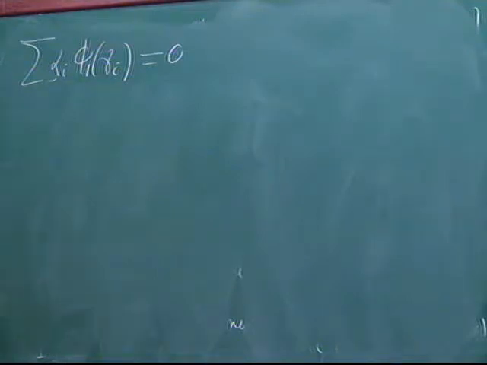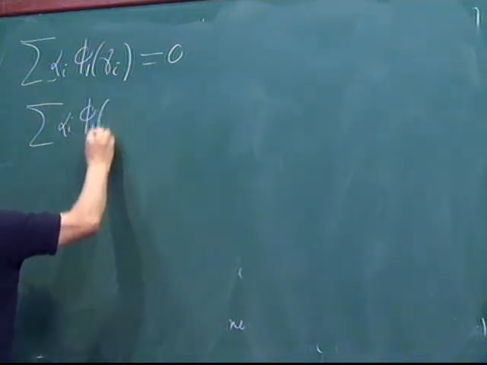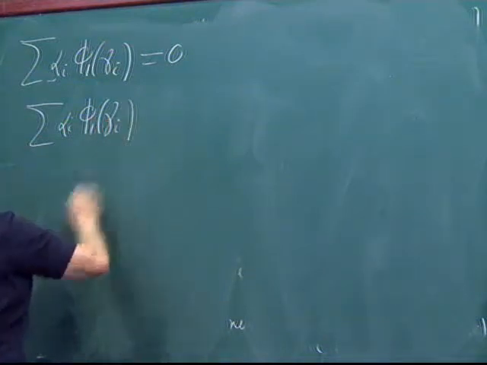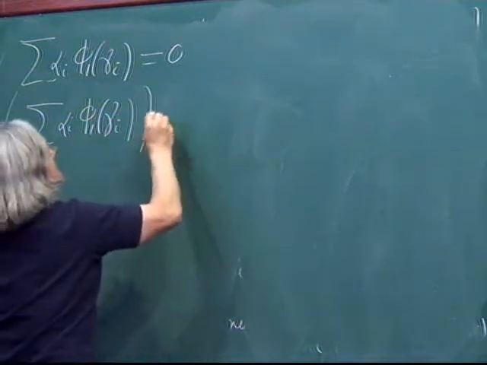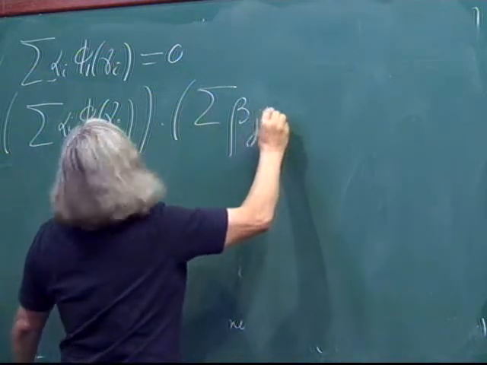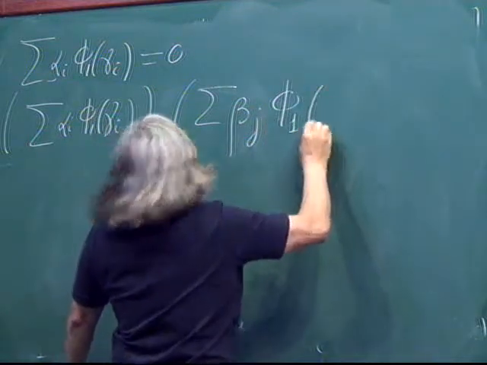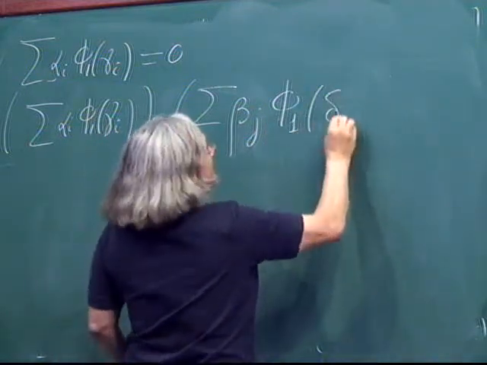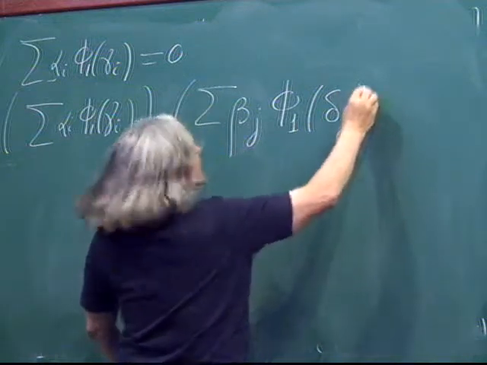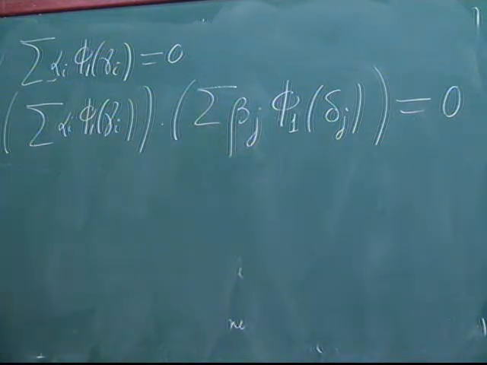So let's multiply that by another combination. Of course it's 0 because this is 0. Now let me take the trace of 0. Trace of 0 is 0.